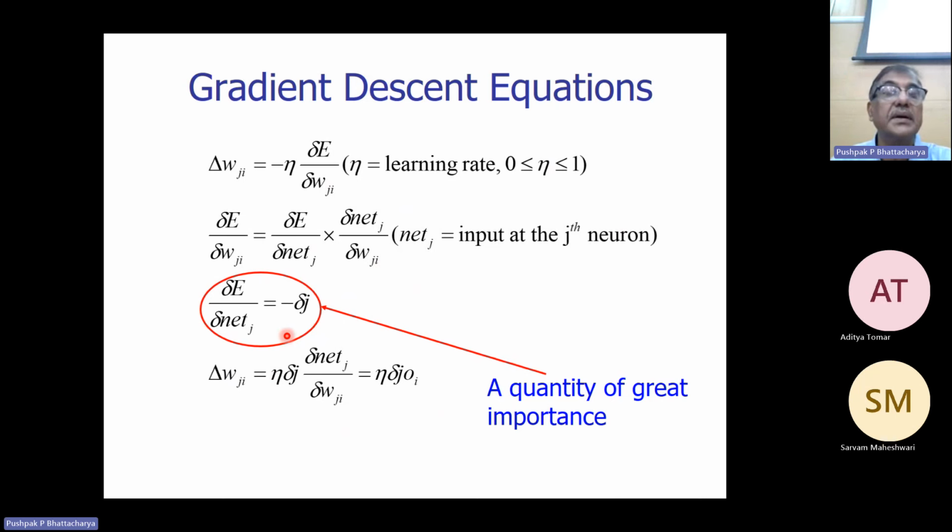Now, this particular quantity, delta E by delta net, the partial derivative of the error or loss with respect to the net input to a neuron for which we are interested in finding the weight change rule, plays a very important role in the whole of deep learning.